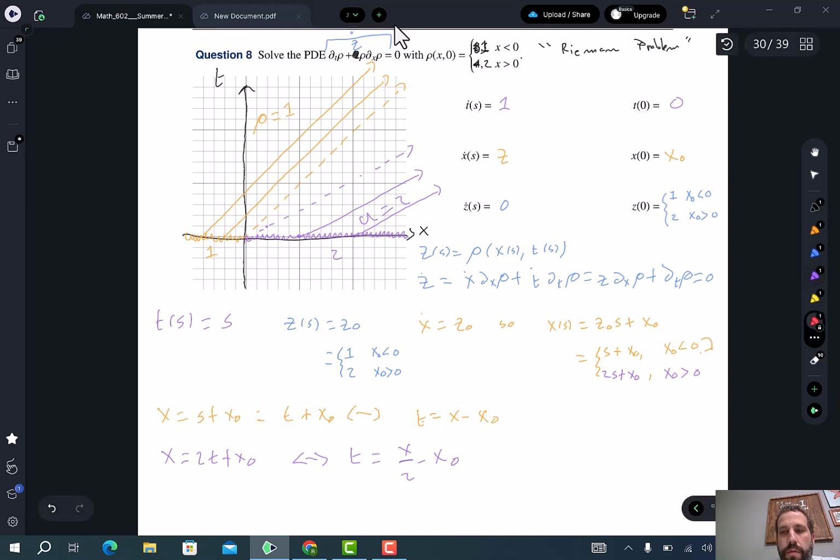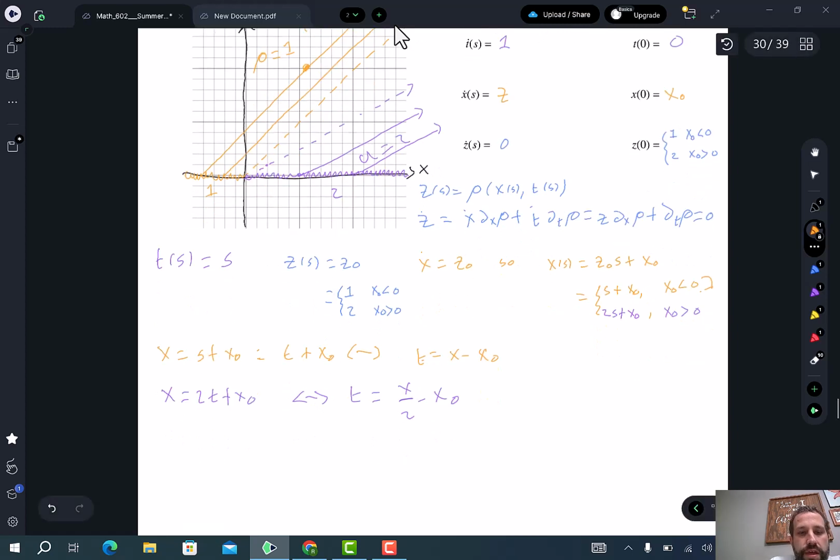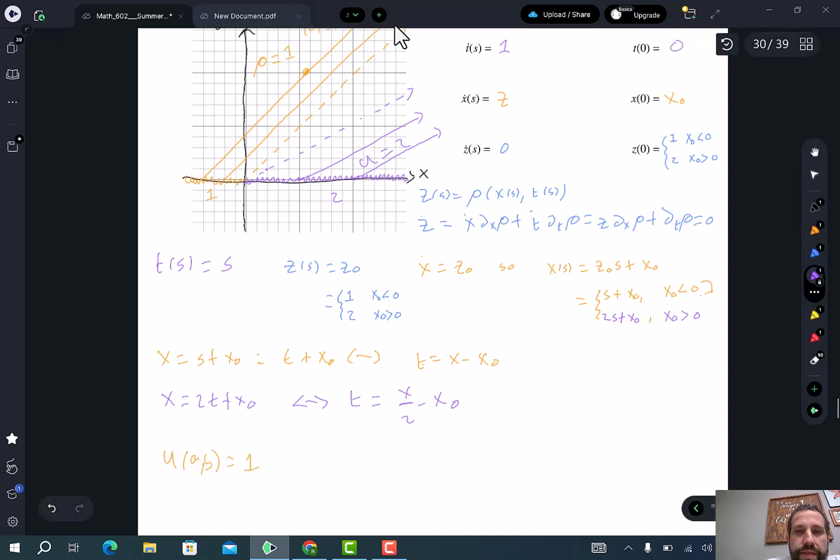Now the problem that we face is, if I have a generic point here, let's call this (a, b), I know that at this (a, b), u of (a, b) is equal to 1, and I know at this generic (a, b), u of (a, b) is going to be equal to 2.